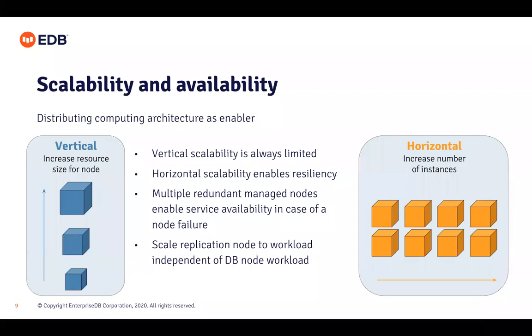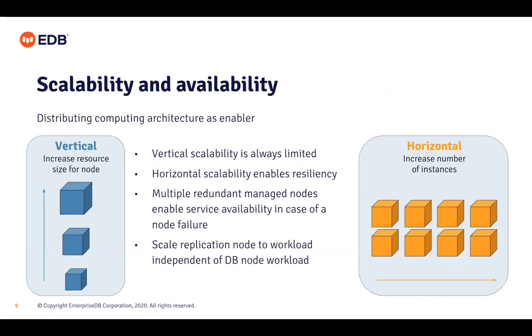If we are running out of headroom, we might go up to the next size of node in order to give ourselves a little more headroom to support our workloads. That's great, but like all physical resources, at some point you run out. So vertical scalability is always going to be limited.